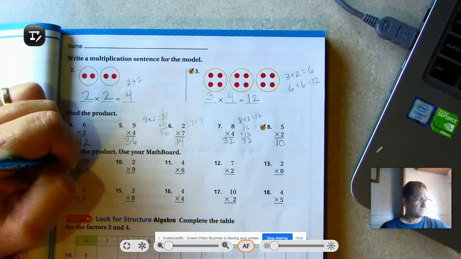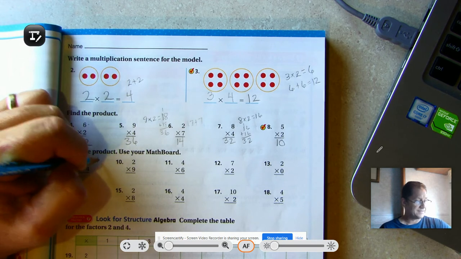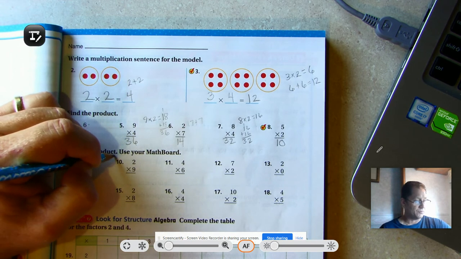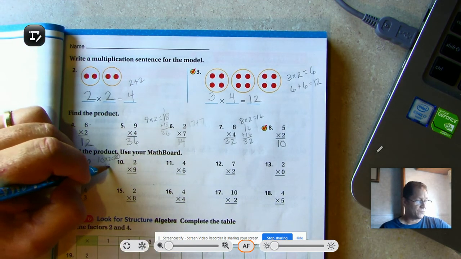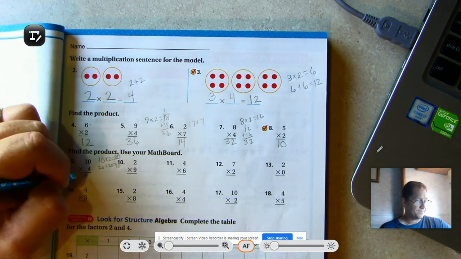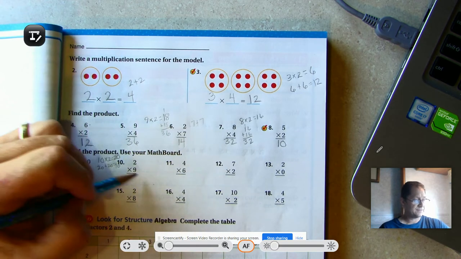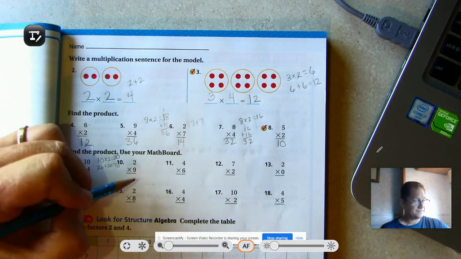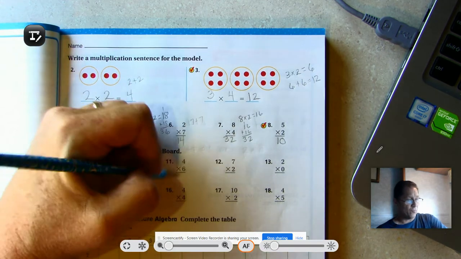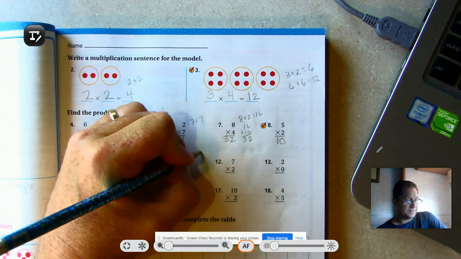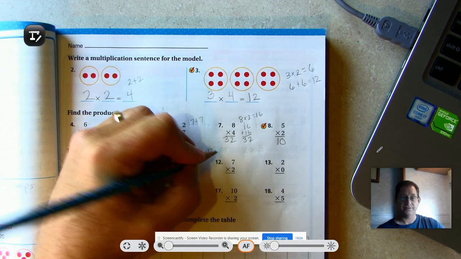10 groups, 10 times 4 is the same as 10 times 2 doubled. 10 times 2 is 20. 20 plus 20 is 40. 2 times 9 is 2 groups of 9, so 9 plus 9, 18. 4 times 6 is the same as 2 times 6 doubled.